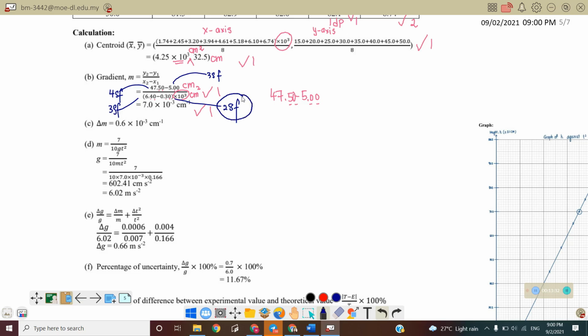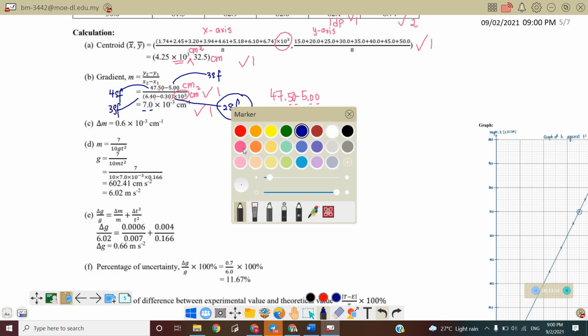So of course we will take the smallest one, which equals 2 significant figures. So it's correct: 7.0 times 10 to the power of -3 per cm. So if you get it all correct, you will get 1 mark. So for the gradient total, you will get 2 marks.